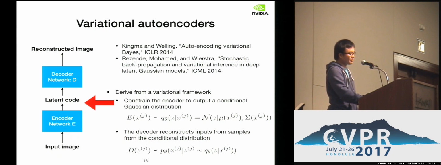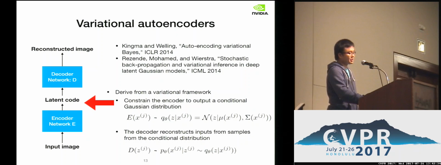It's achieved by constraining the encoder to output a conditional Gaussian distribution. So q_theta is our encoding function, and it's a conditional distribution. We want to find a latent code Z conditioned on the input image X_j.